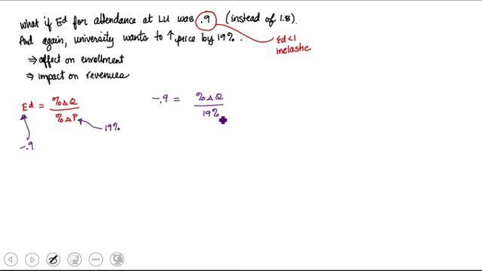Everyone remember how to cross multiply? We're going to take -0.9 multiplied by 19% equals our percent change in quantity. So, 19 times 0.9, 17, negative 17%. So enrollment's going to fall by 17%.